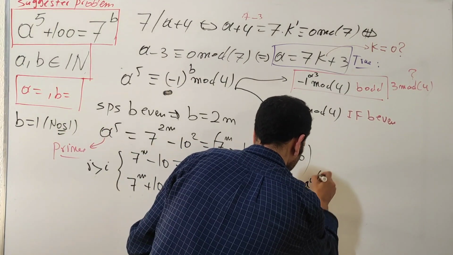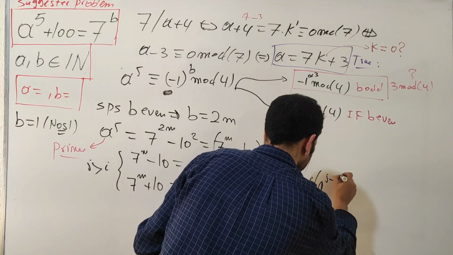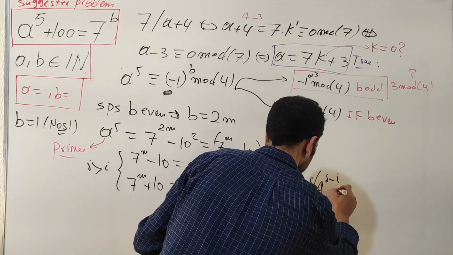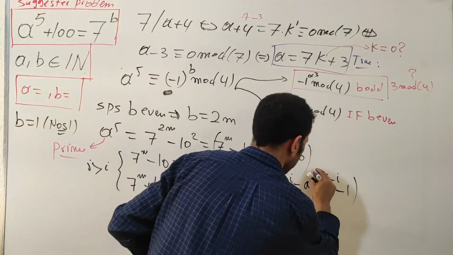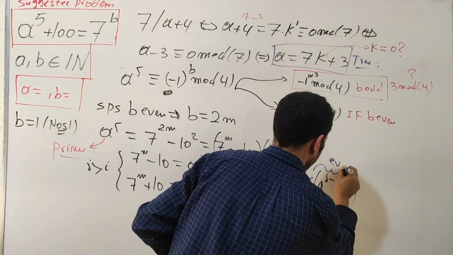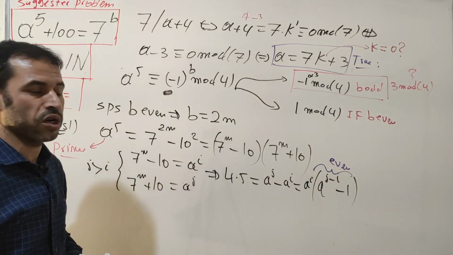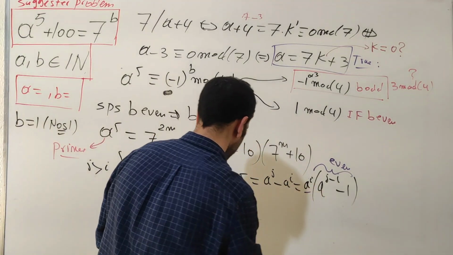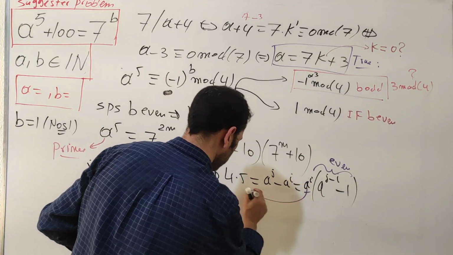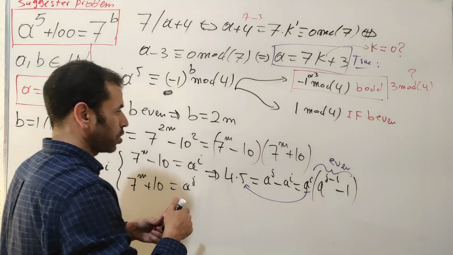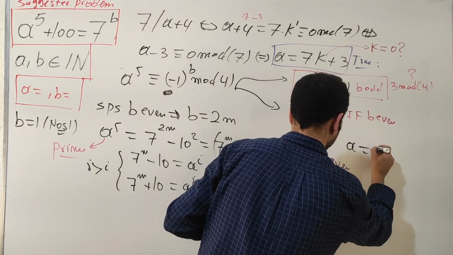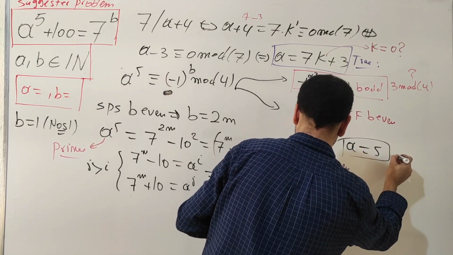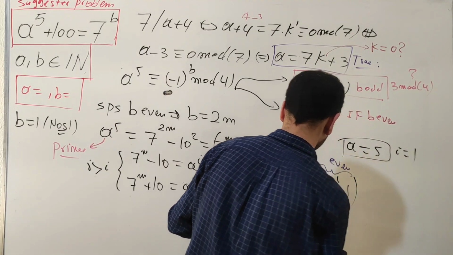We get e to the i times e to the j minus i, minus 1. This is even, because we already know e is odd, and this one is odd. It simply is going to take the value 5. Without solving this equation, it's more simple. Now we find e equals 5 with i equals 1.